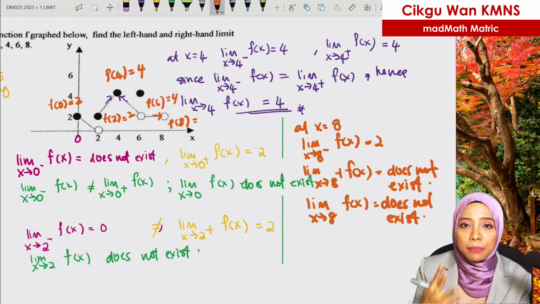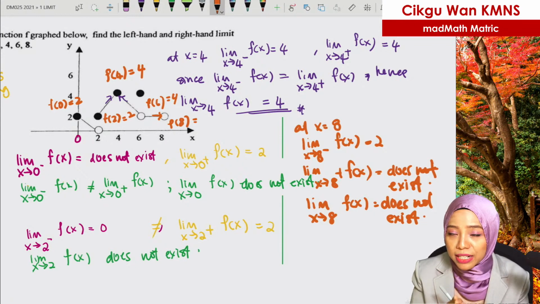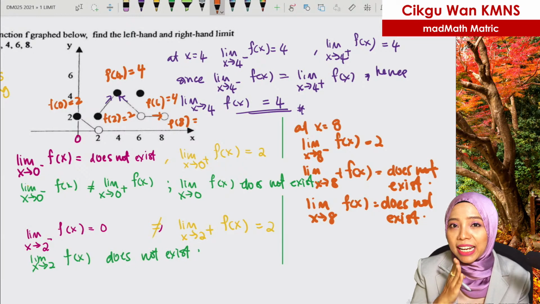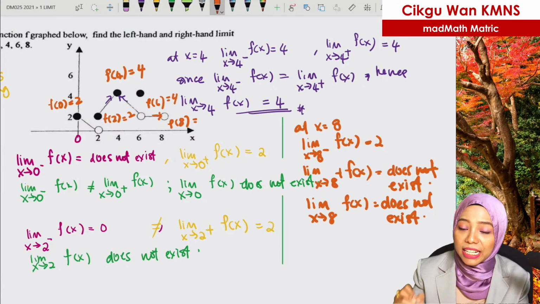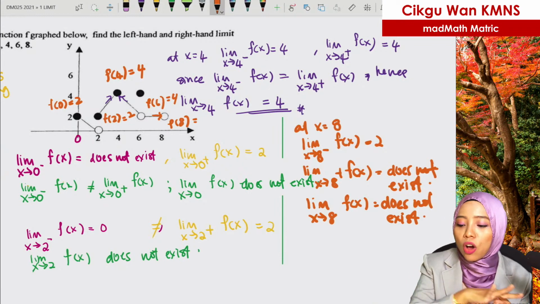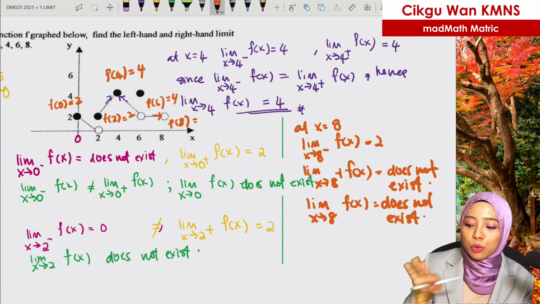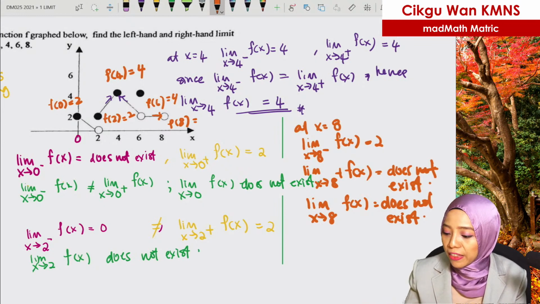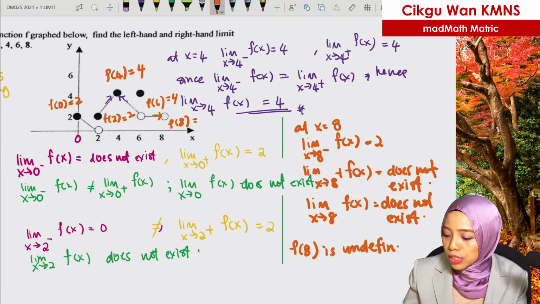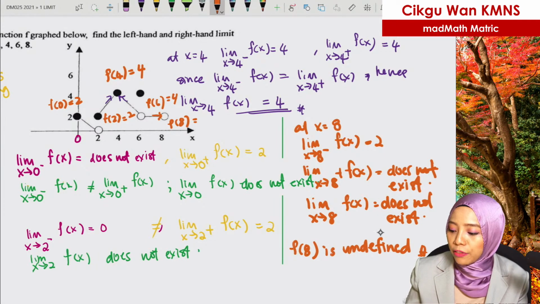What does empty circle mean? It's not included. So f(8) here is not defined. All the values from x equals 0 until 6 are defined, but excluding f(8), which is undefined.